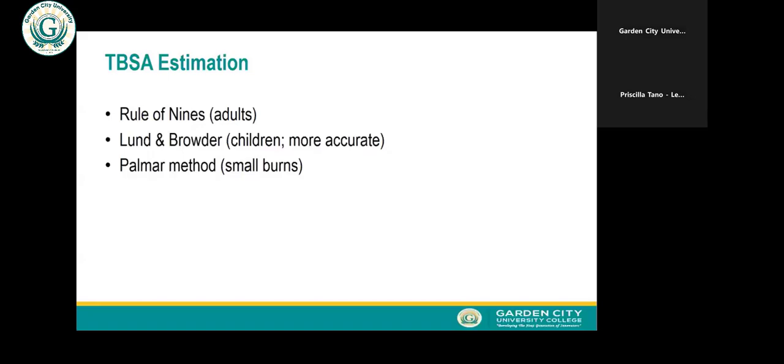Okay, so maybe when we state it, we can make sure we know if it's 9, is it head and neck? If it's one upper limb, what is it? One lower limb, what is it? Right? And then the trunk, what is it? Let us all learn that now.